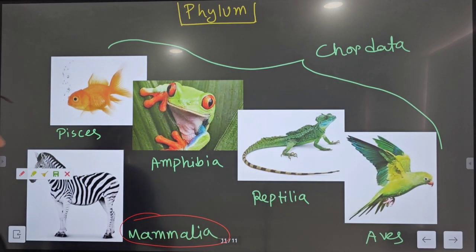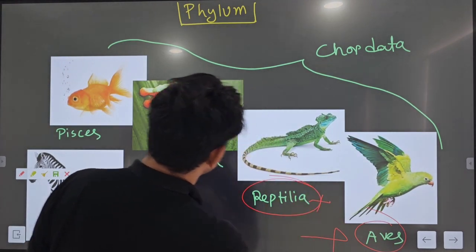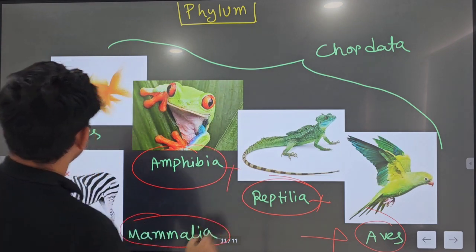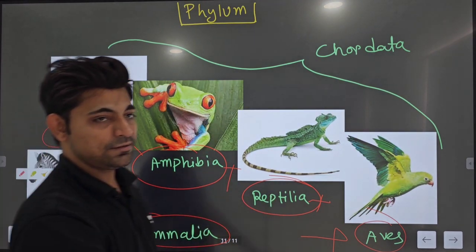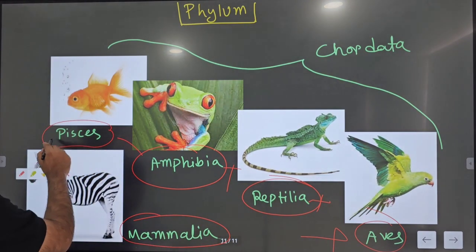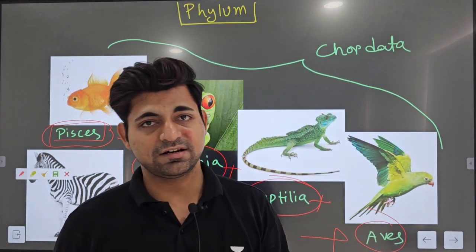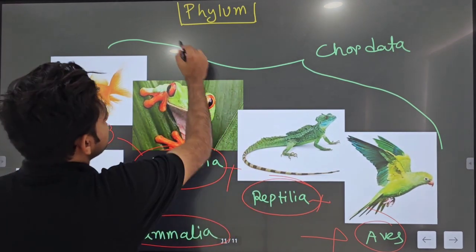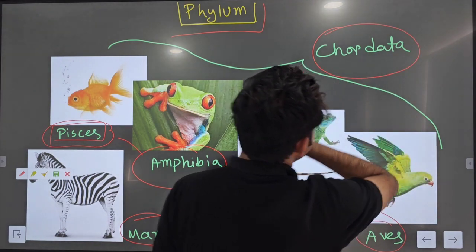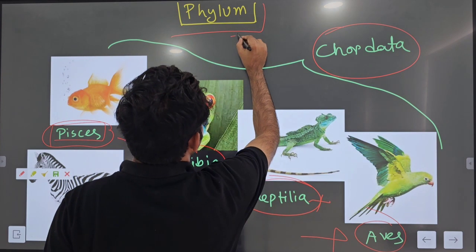Now you have to add class Mammalia with class Aves, birds, class Aves with class Reptilia, class Reptilia with Amphibia, class Amphibia with Chondrichthyes and Osteichthyes. Now all these classes together, though Pisces is not a class, Pisces is the super class. Under Pisces there are two classes, Chondrichthyes and Osteichthyes. With all these, the organisms will form a phylum, Chordata. The hierarchy is like steps.